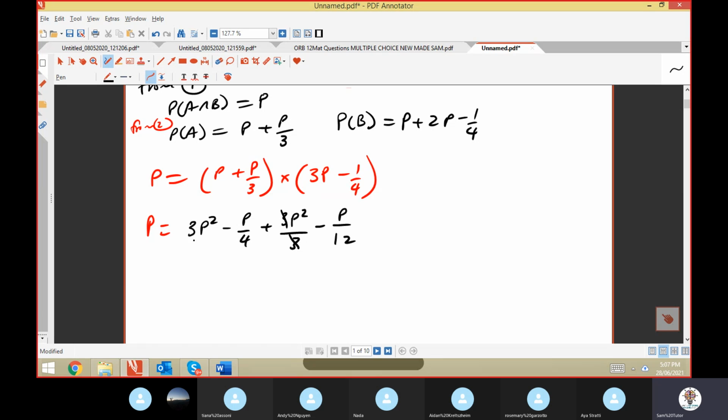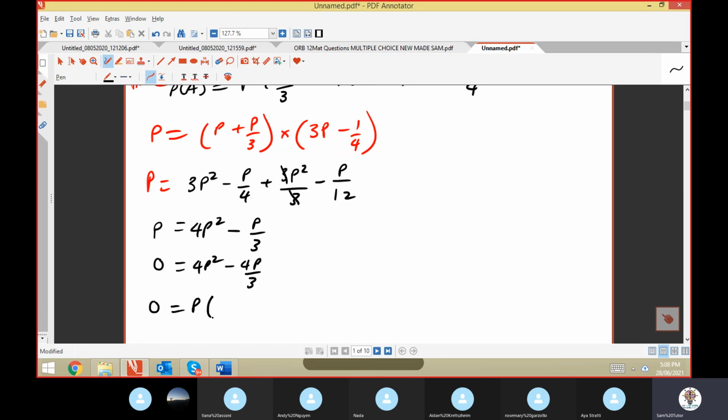3P squared plus P squared is 4P squared, minus P over 4 minus P over 12 is minus a quarter minus 1 over 12. Plug it into your calculator, should give you a third, so P over 3. Bring this over. Minus a third minus 1 is minus 4P over 3.